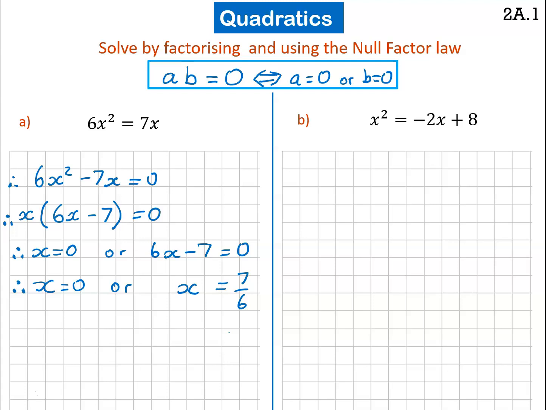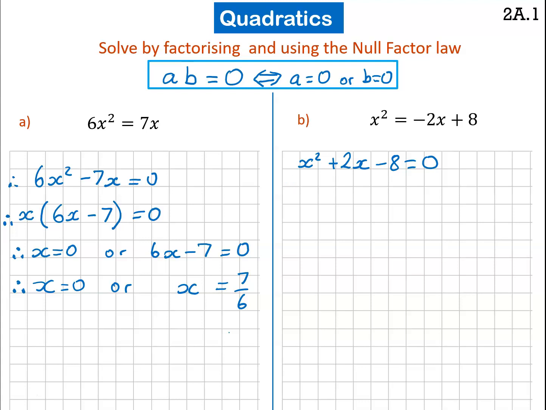Let's make it equal to 0. We have x squared plus 2x minus 8 is equal to 0. Now, how do we factorize this? Well, you did this last year over and over again. Reminder, look at that, it's a monic quadratic. The coefficient of x squared is 1.